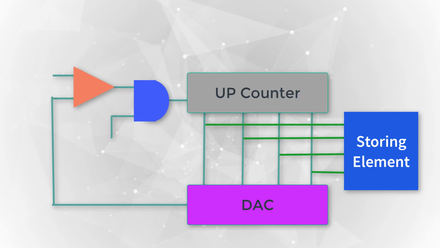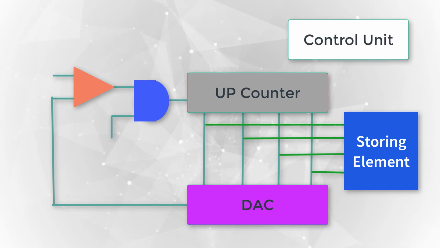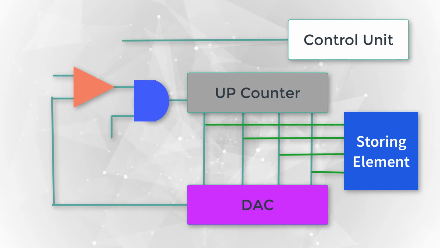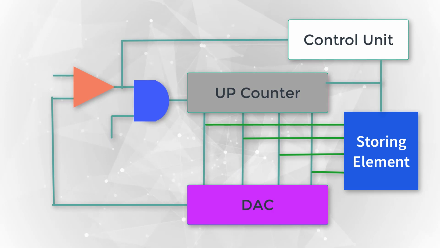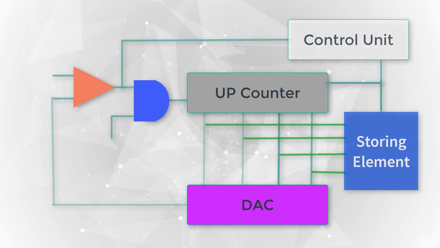The storing of the sample and resetting of the counter is controlled by a control unit, which observes the output of the op-amp and accordingly gives the reset and store command to the counter and latch respectively.